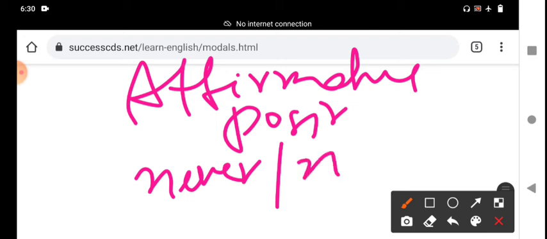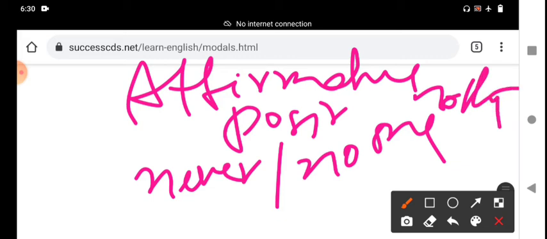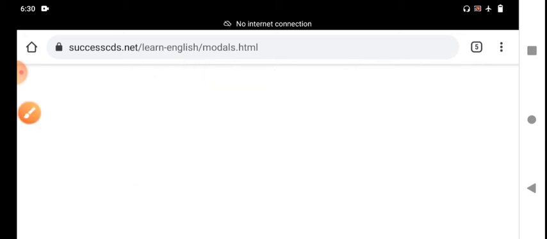No one, nothing, never. These are the words that are followed by need in an affirmative sentence. For example, no one need think that we are doing this every week.